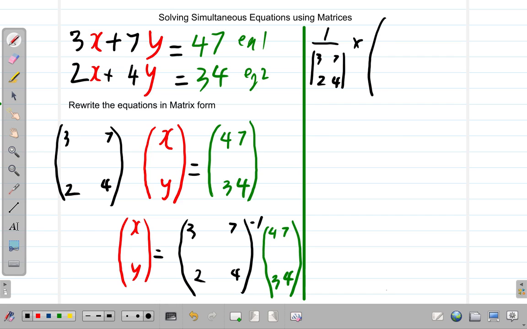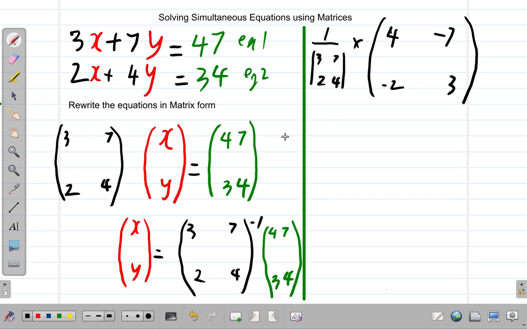And that will be multiplied by, remember what to do now: you interchange the elements of the leading diagonals and multiply the elements of the non-leading diagonals by -1. So 4, -7, -2, 3. You interchange A and D, change the sign of B and C if you had it in the form A, B, C, D.